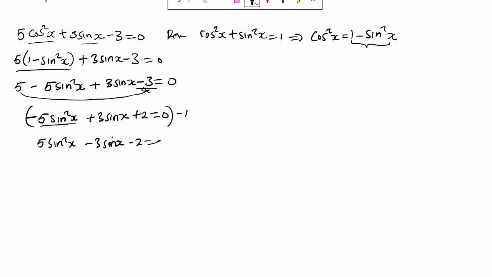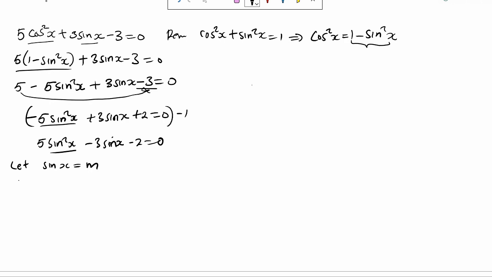0. Now from here we can let sin x equal to, I can assign it any other letter, let's say for example letter m, and if sin x is m, then sin squared x means sin x times sin x, which is m times m.